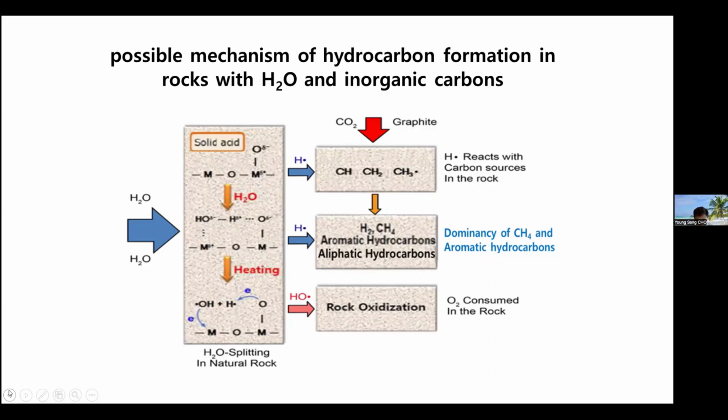And then these unstable hydrocarbons and radicals and hydrogen radical can react with each other randomly to produce various kinds of hydrocarbons. I think that this is the possible mechanism to generate so many hydrocarbons in the rock.